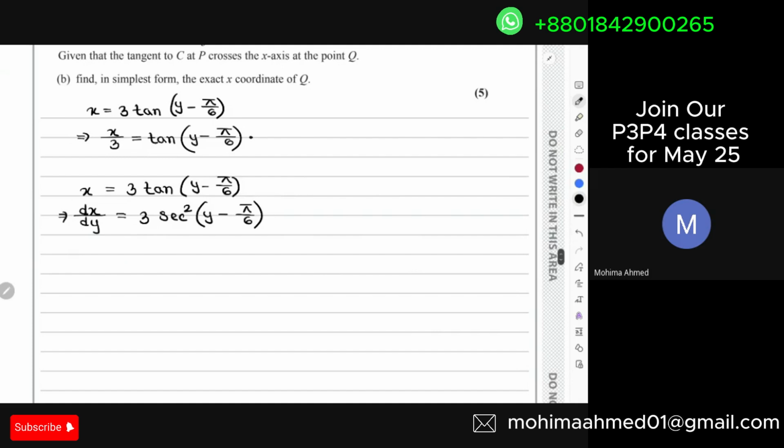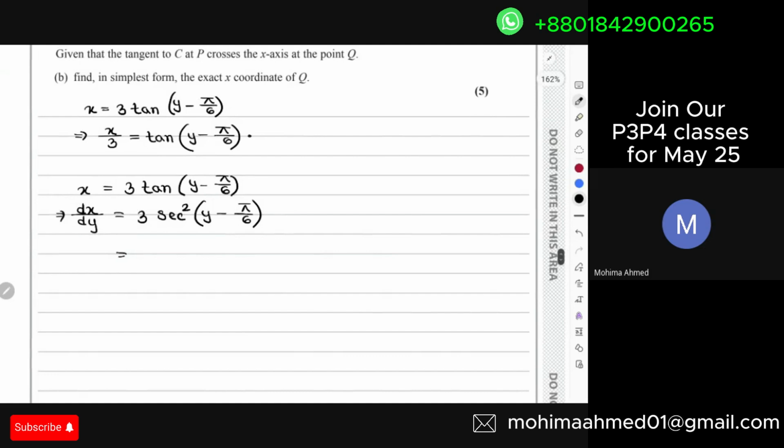And after this, again, I can break down this sec square as 1 plus tan square. So we can write, I'll separately write the 3, and we can write 1 plus tan square with this value y minus pi by 6.